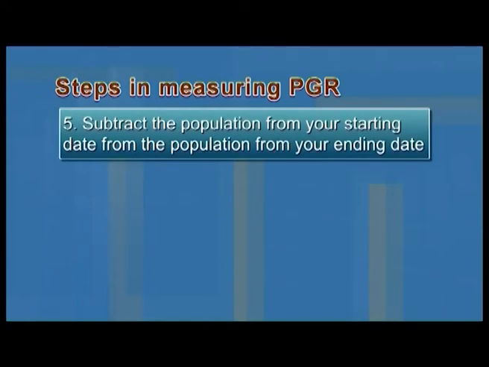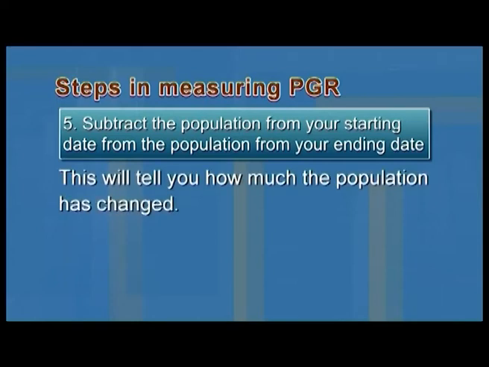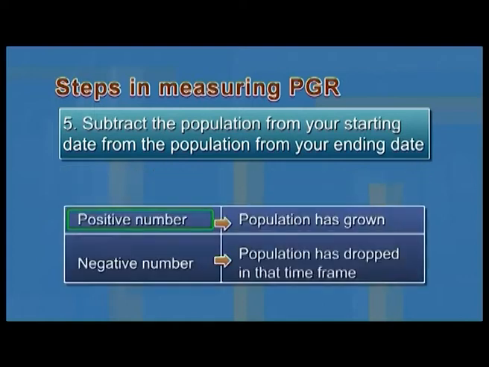Subtract the population of your starting date from the population of your ending date. This will tell you how much the population has changed. A positive number indicates the population has grown and a negative one indicates the population has dropped in that time frame.